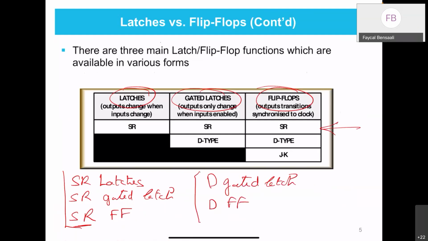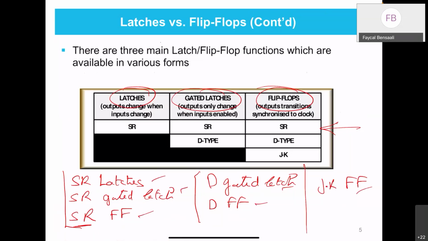You can go to the market and you will find these. And then for JK, we find it only as a flip-flop. There is no JK latch and no JK gated latch, just the JK flip-flop. So in total, we can have 1, 2, 3, 4, 5, 6 different types or components.